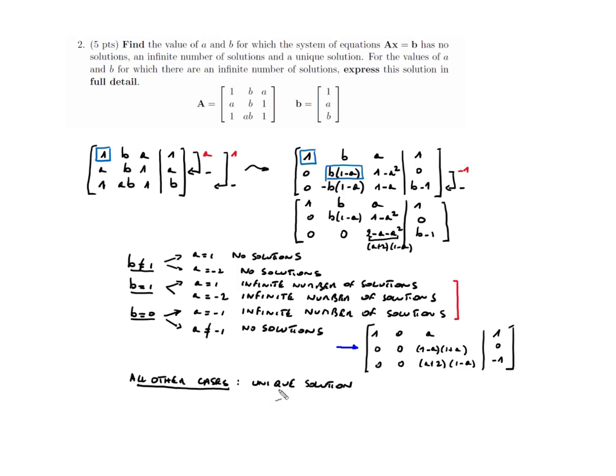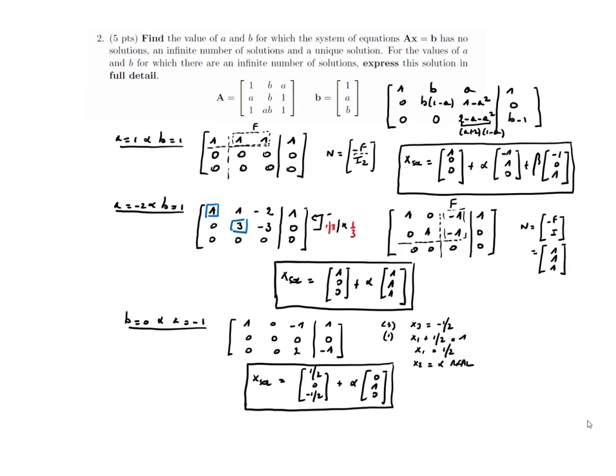So what we have to do right now is, for these 3 cases that correspond to cases of a and b where we have an infinite number of solutions, express the solution in full detail. So we'll plug in the values of a and b in these three cases.